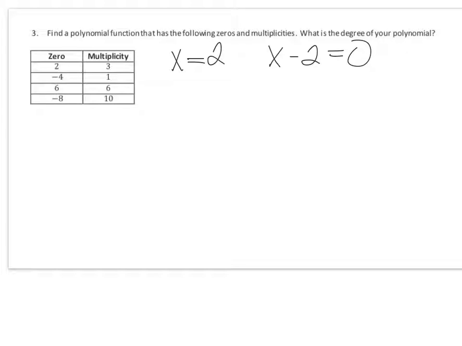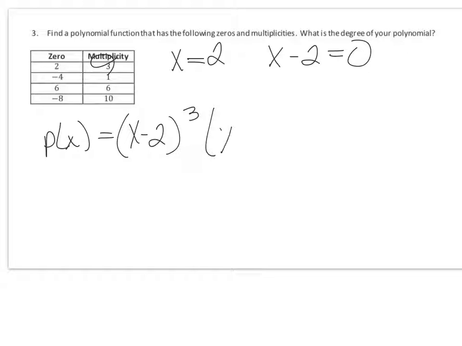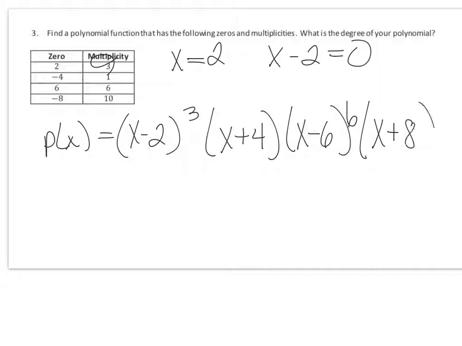So we have p of x, just to name it, x minus 2 to the multiplicity of 3. Then I have x plus 4 to the multiplicity of 1. I don't have to write the 1 though. Then I have x minus 6 to the multiplicity of 6 and x plus 8 to the multiplicity of 10.